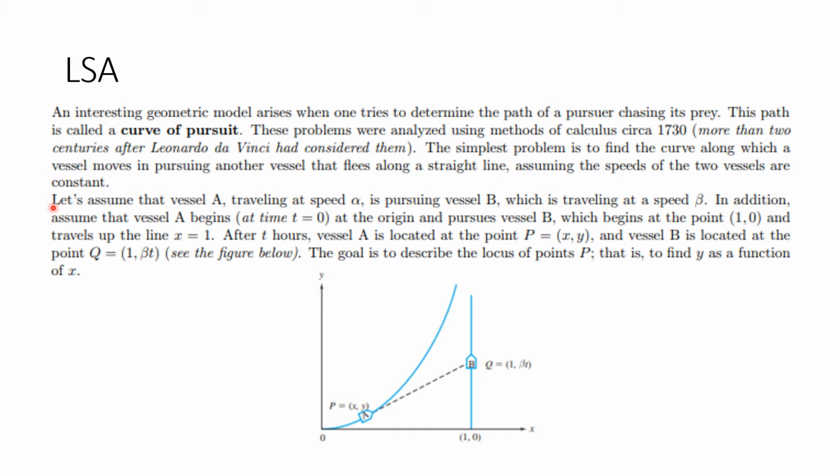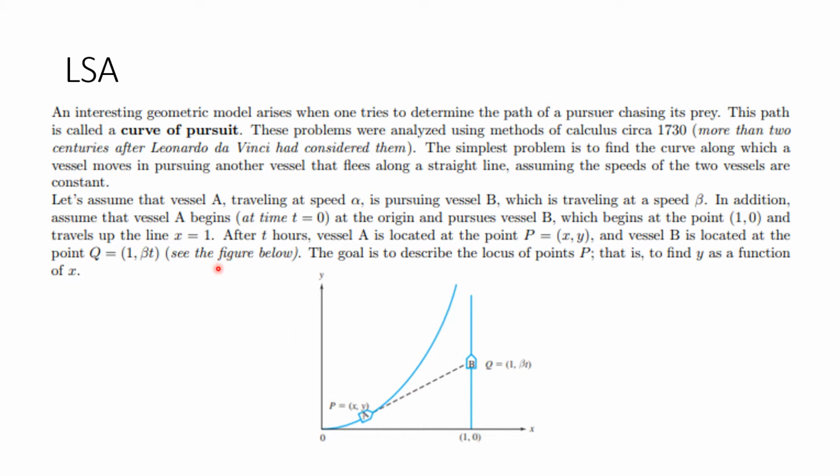Let's assume that vessel A, shown here in the figure, is traveling at speed alpha and is pursuing vessel B, which is shown here, which is traveling at speed beta. In addition, assume that vessel A begins at time t equals 0 at the origin and pursues vessel B, which begins at point (1, 0) and travels up the line x equals 1.